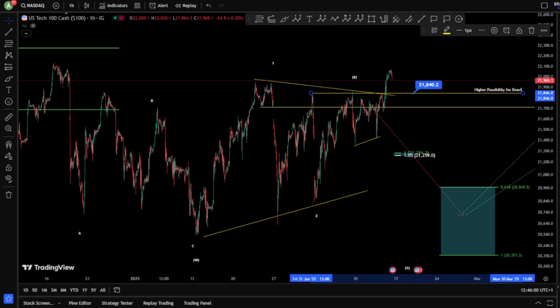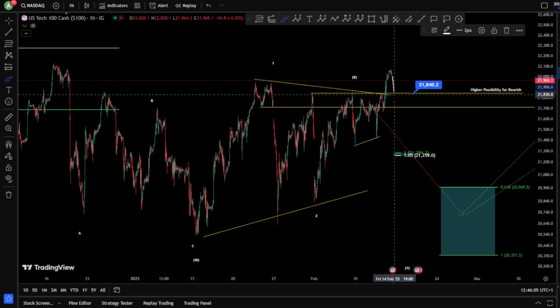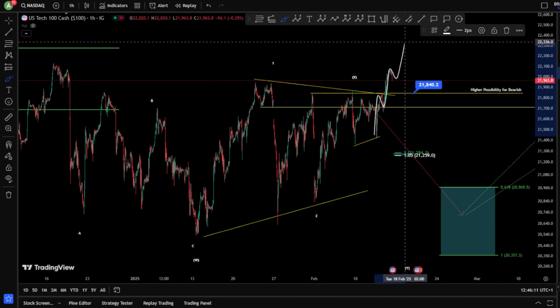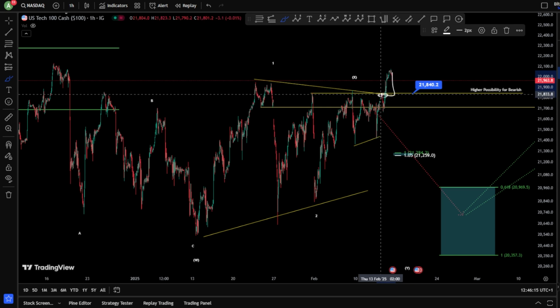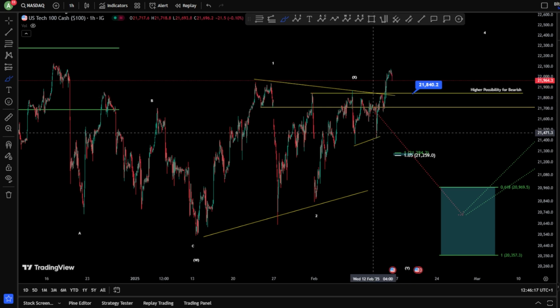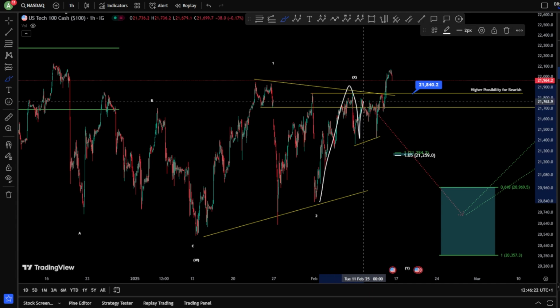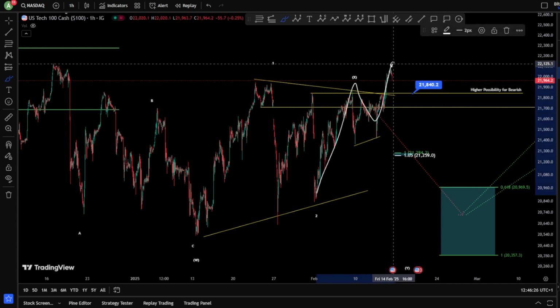I'm going to explain why. Because if we come back to here, the wave 4 has interfered with your zone 1. So your impulse toward the upside, where you have a 1, 2, 3, 4, 5, your wave 5 is not allowed to interfere with your zone 1. And once this happens, your impulse is invalidated. And it will transform this into something like our WXY corrective.